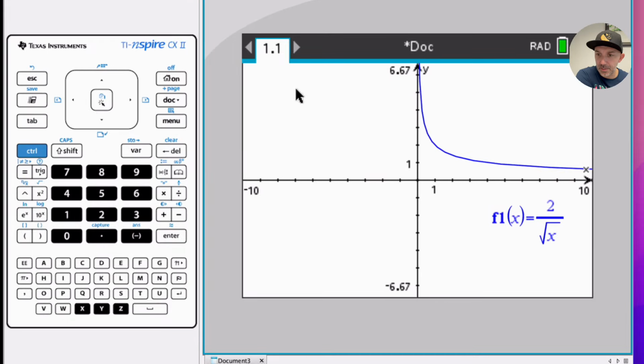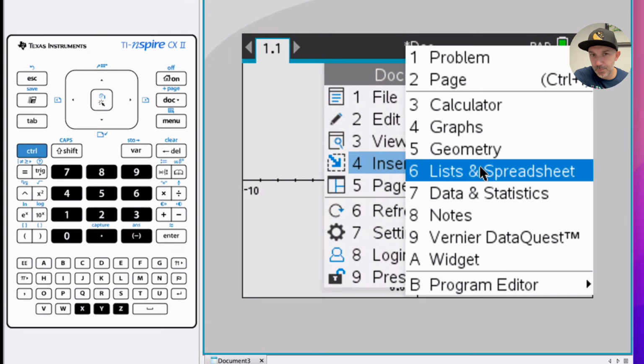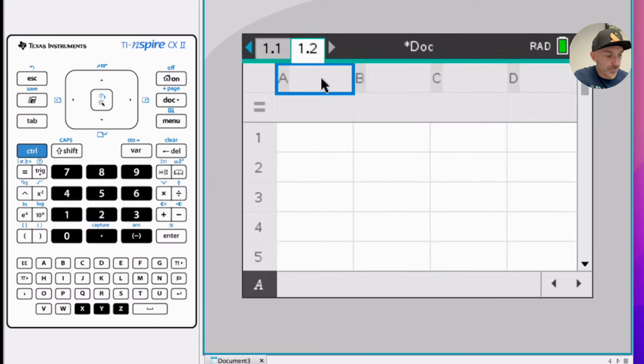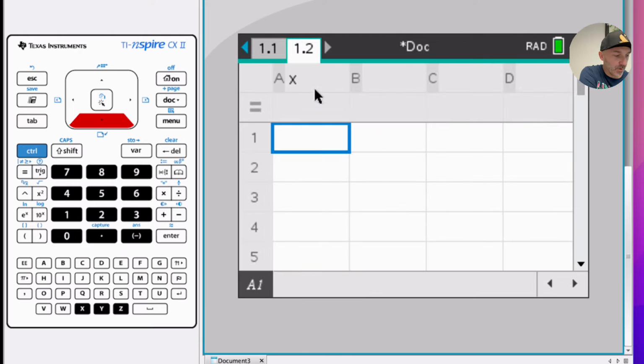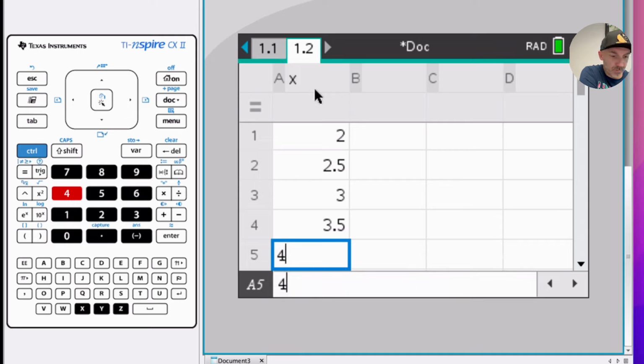So if we go over to here, I'm just going to insert a list and spreadsheets. We're going to label this column up as x, and we're going to put our x values down, which is 2, 2.5, 3, 3.5, and 4.